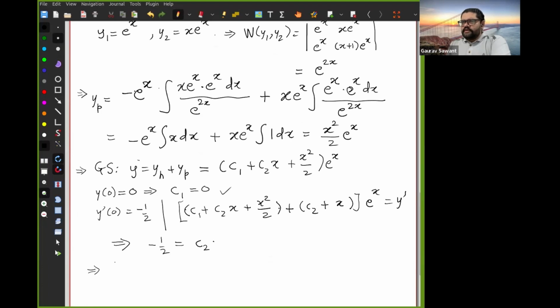So the exact solution is y is equal to, c1 is 0, c2 is minus half, minus x by 2 plus x square by 2, whole times e power x, and therefore y(1) is equal to minus half plus half e power 1.